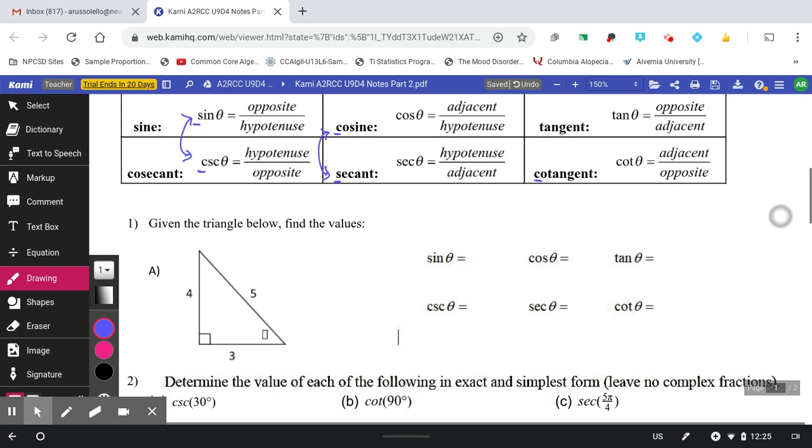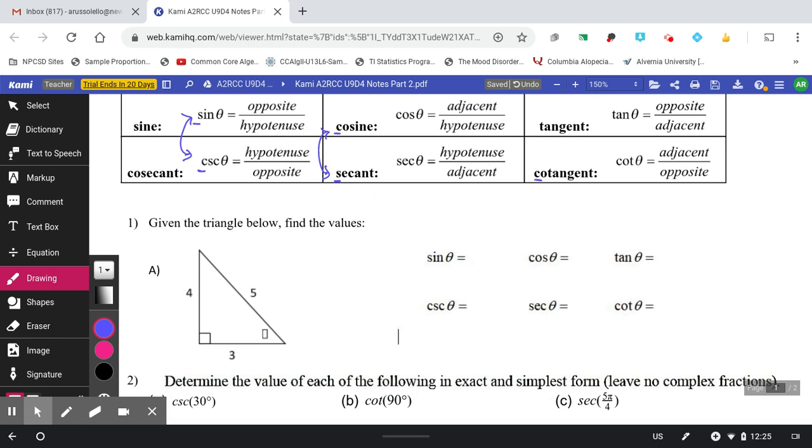All right, so if we look here, the sine of this angle here, and that's supposed to be a theta. I don't know what happened there. But the sine is the opposite over the hypotenuse. So that would be 4 over 5. Well, since the cosecant is its reciprocal, it would be 5 over 4.